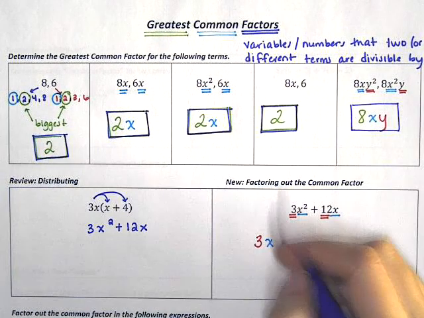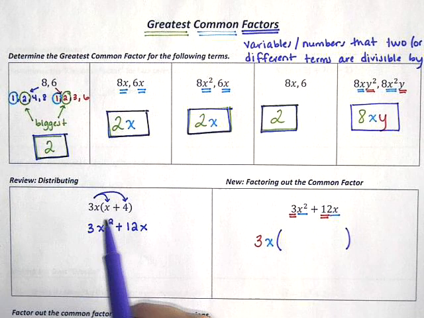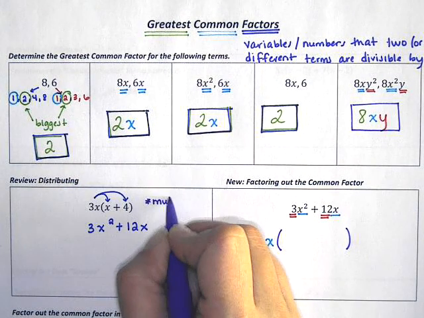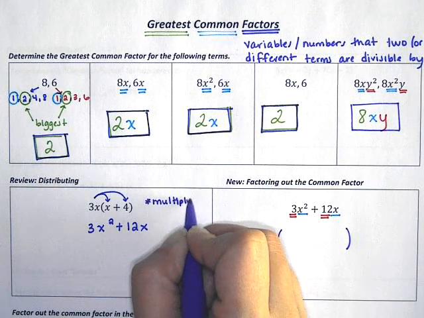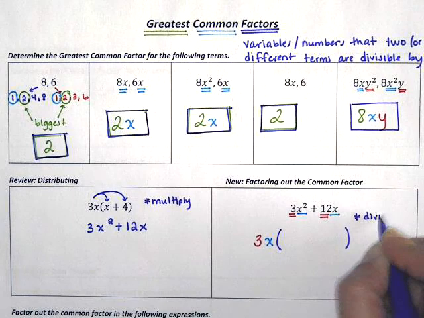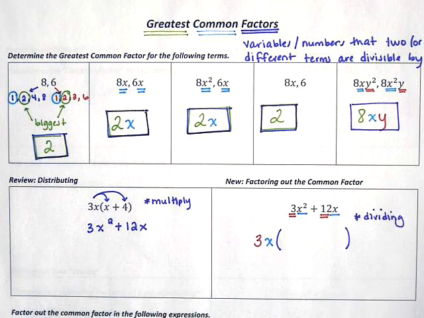Then we're going to write a parentheses, and then we're going to divide. So when we distribute, our operation is that we are multiplying. But when we factor, our operation is that we are dividing because we're going backwards.